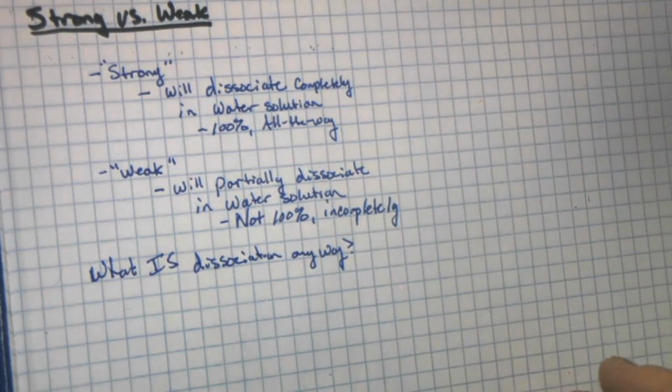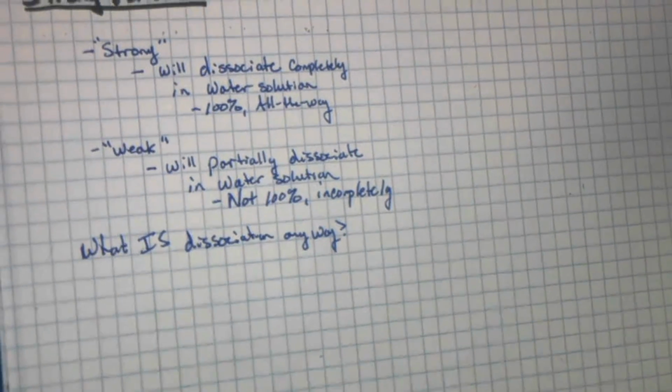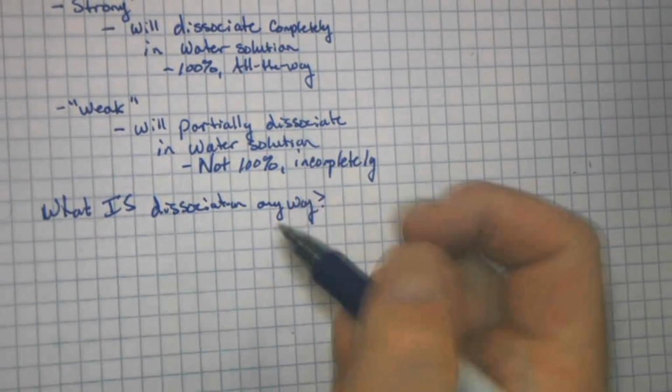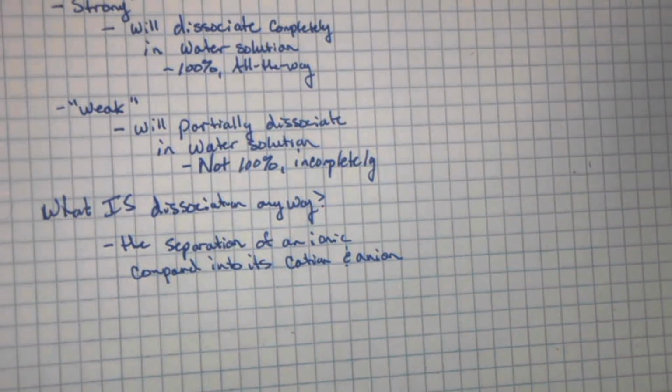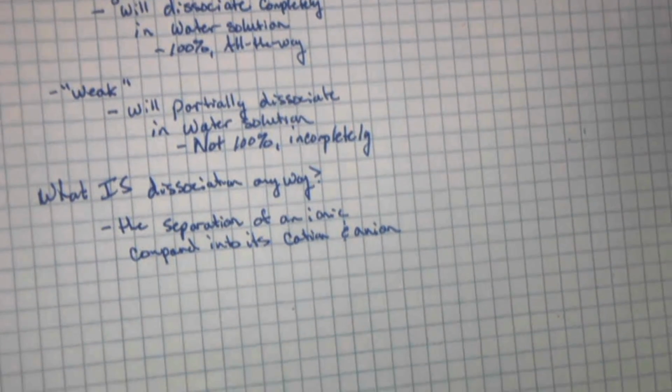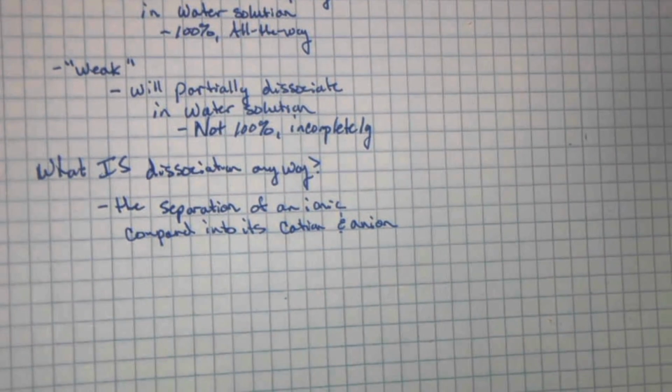Which brings us to what dissociation actually is. What is dissociation anyway? Dissociation is the separation of an ionic compound into its cation and anion. It's separating the ions. This generally happens in water, but it doesn't have to. All right, so does water dissociate?